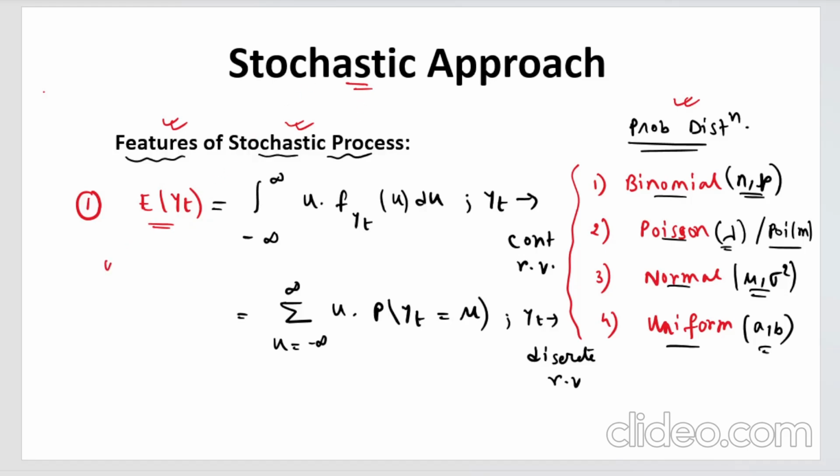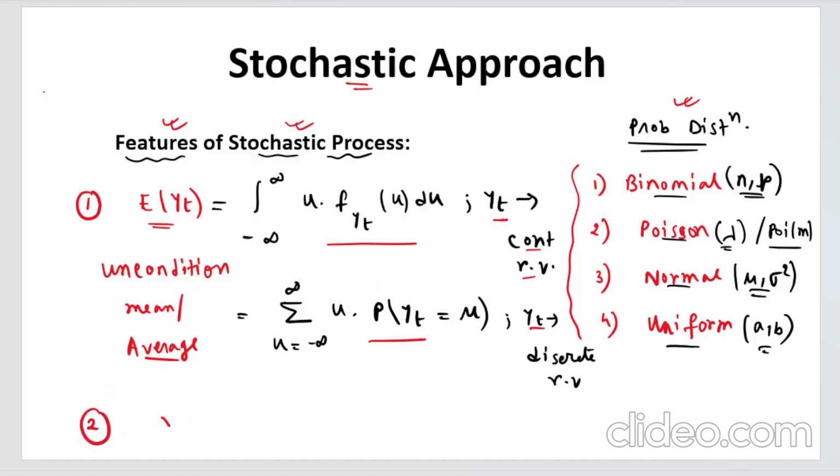This is the unconditional mean, or simply average, of the stochastic process, which is defined as this. When yt is continuous, this is the formula. When yt is discrete, this is the formula. And we'll be solving questions on this, so no worries if you don't understand this right now.